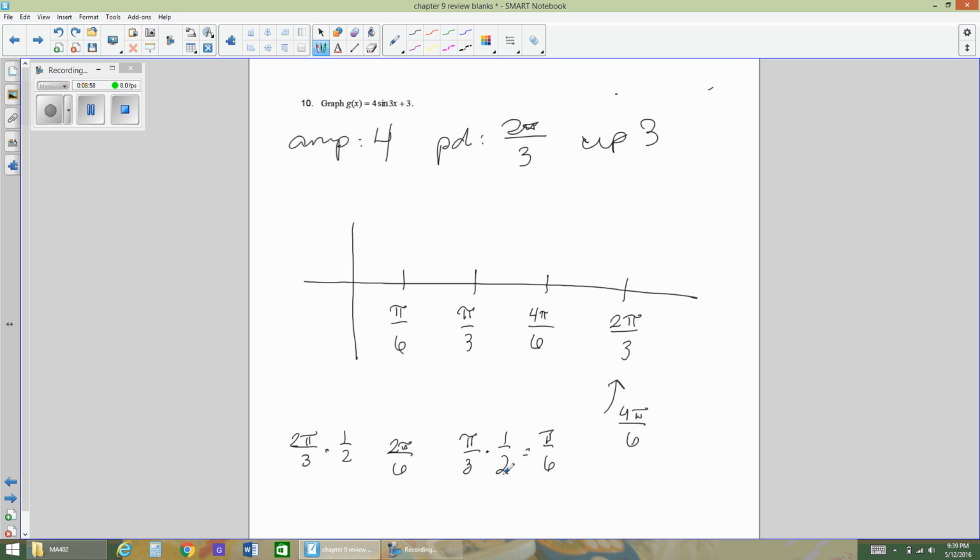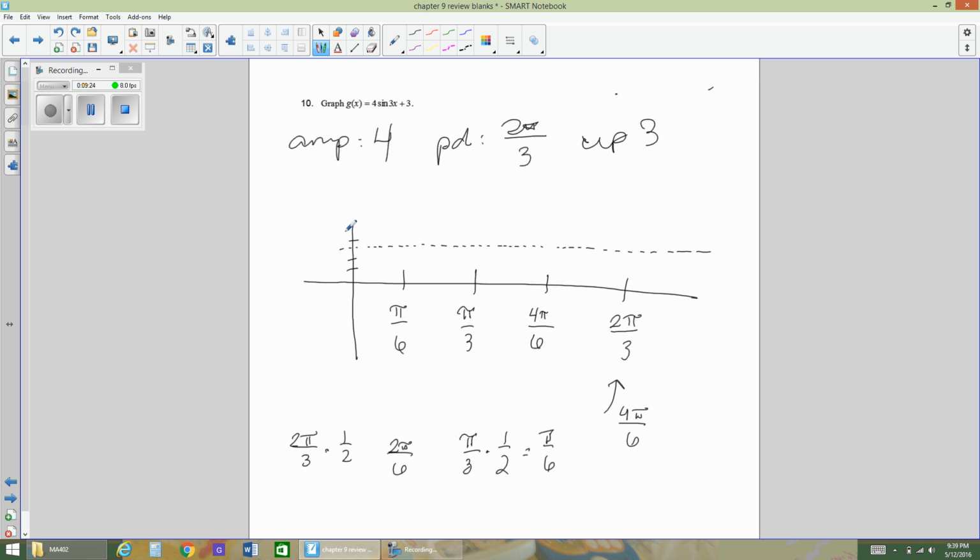Okay, so I have the period done. I have all that. Now I need the shift up 3. So let's call this 1, 2, 3. And now I need my amplitude of 4. This is no small graph. So there's 3.